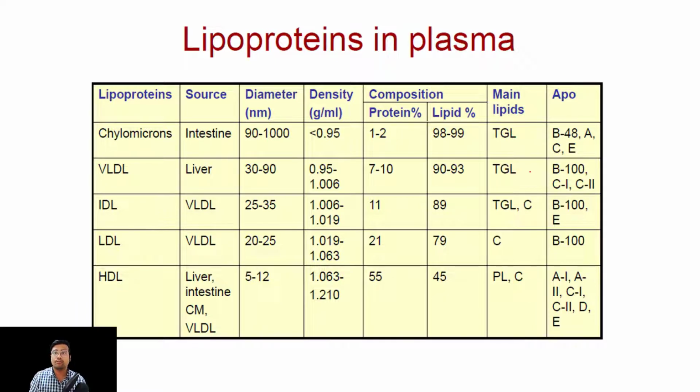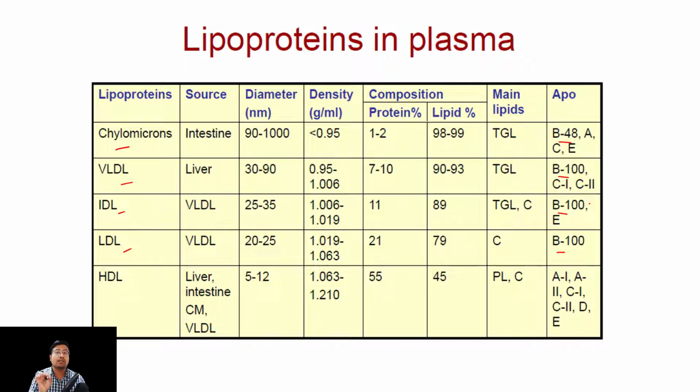So you should remember that apolipoprotein B48, in the short form apoB48, is present in chylomicrons only, and B100 is common to all these 3, VLDL, IDL and LDL. They are commonly known as B100 containing lipoproteins, because B100 is itself an apolipoprotein.